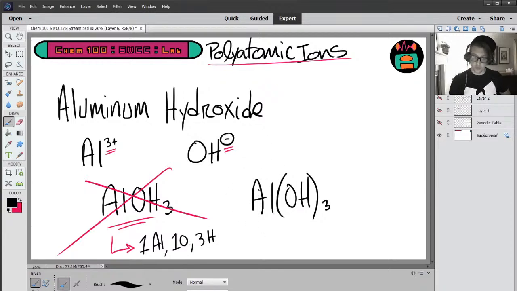Aluminum hydroxide has 1 aluminum, 3 oxygens, and 3 hydrogens, because there's 3 hydroxides present. So that parentheses, whenever you have multiple polyatomic ions, is the only difference between naming and writing chemical formulas for ionic compounds with polyatomics versus the rest of the ions.